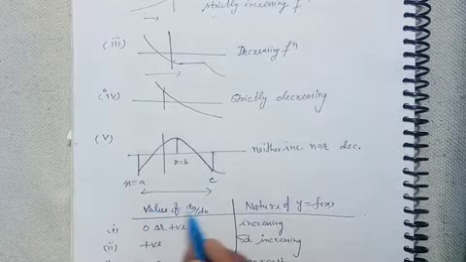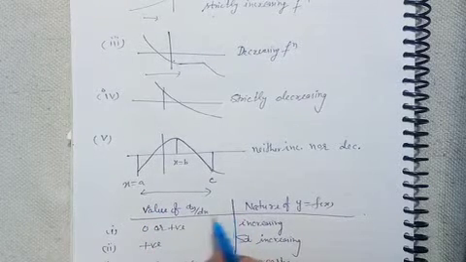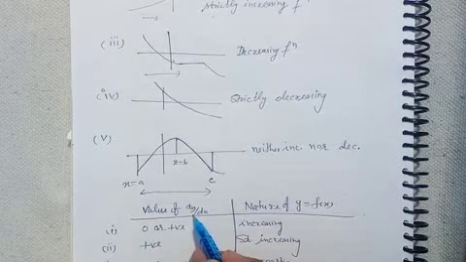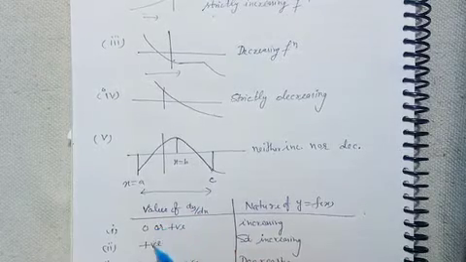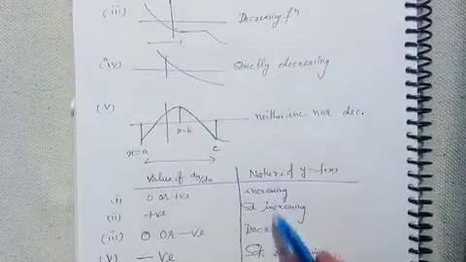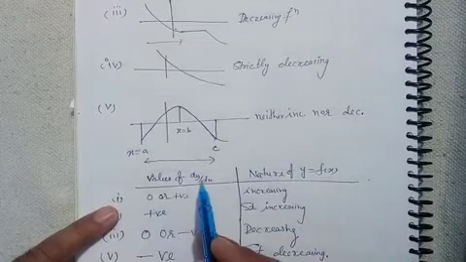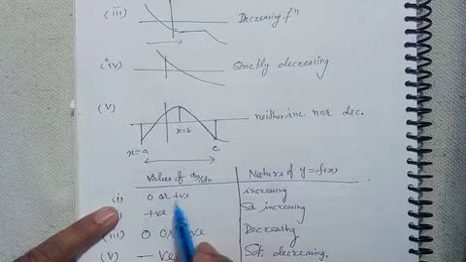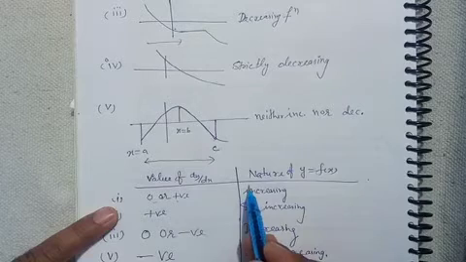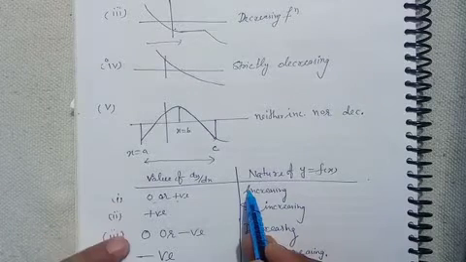We can decide the nature of the function y equal f(x) with the help of its first derivative dy by dx. These are the different values of dy by dx, and this is the nature of f. First case, if dy by dx is either 0 or positive, more than or equal to 0, then function is increasing function.